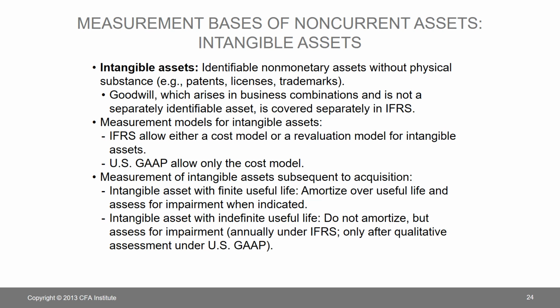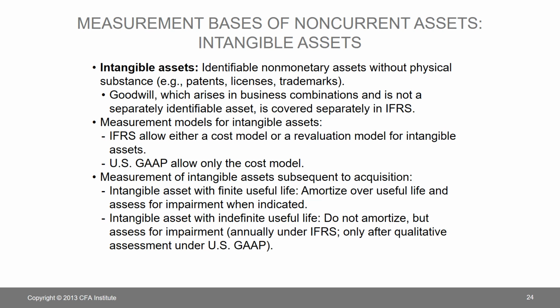Such active markets are expected to be uncommon for intangible assets. Examples where they might exist are some types of licenses, like fishing licenses or taxi licenses, and these are not really common. US GAAP permits only the cost model.